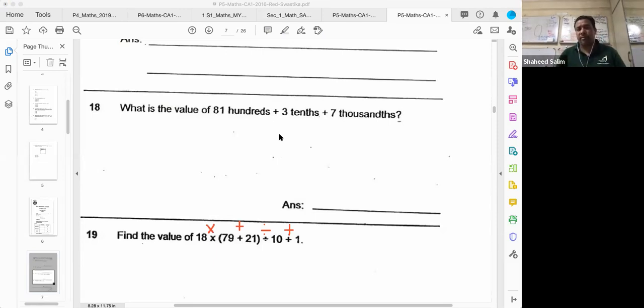How to do this? You write down 81 hundredths first. What is 3 tenths? Write 3 tenths. 7,000. Write it down. Or you can write it all in one go.